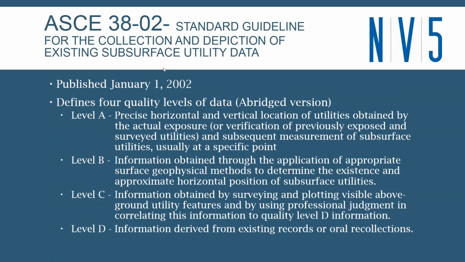ASCE 38-02 is a standard guideline for the levels of quality for utility information. Level A is basically a pothole, where you've actually exposed the line and surveyed the location, so you know where it is in three-dimensional space. B is everything short of a pothole. Maybe you have some paint marking on the surface, as well as the surface features themselves.